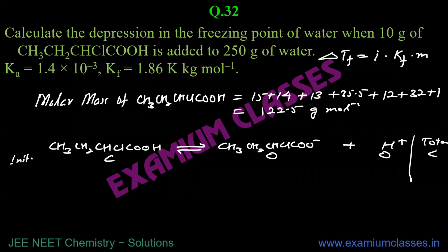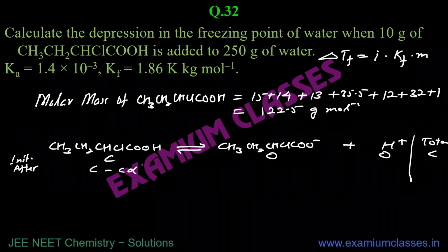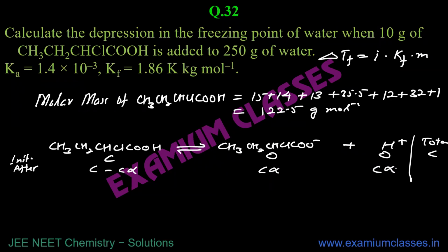Why am I calculating it? Because the I, Van 't Hoff factor, will be the number of moles after dissociation divided by the number of moles before dissociation. So before dissociation, I have C. After, or you can say final, it will be C minus C alpha. I hope you remember, if we assume alpha is the degree of dissociation, then it will be C minus C alpha, and this will be C alpha, this will be C alpha, because the ratio is 1:1:1.